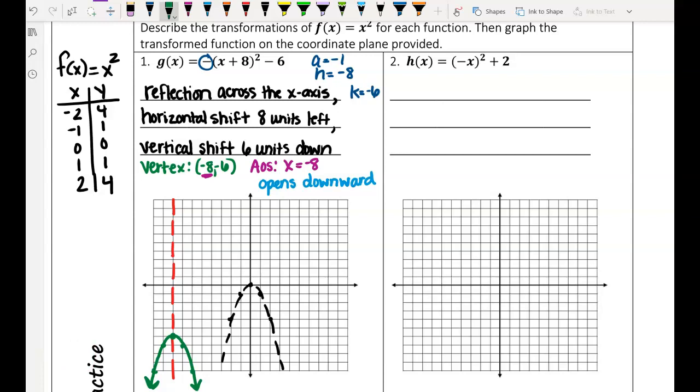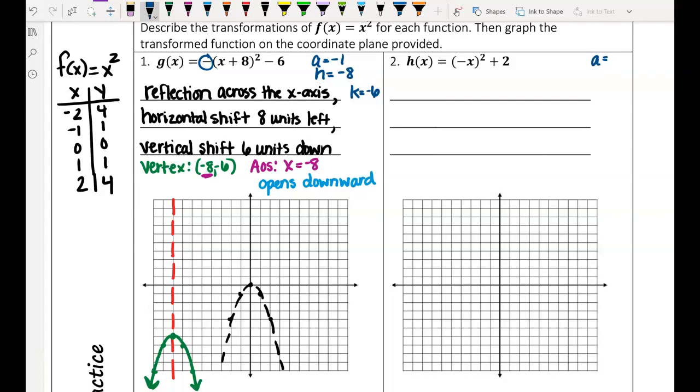Number 2, h of x equals the quantity negative x squared plus 2. So what is my a value in this one? And again, a is outside the parentheses, not inside the parentheses.